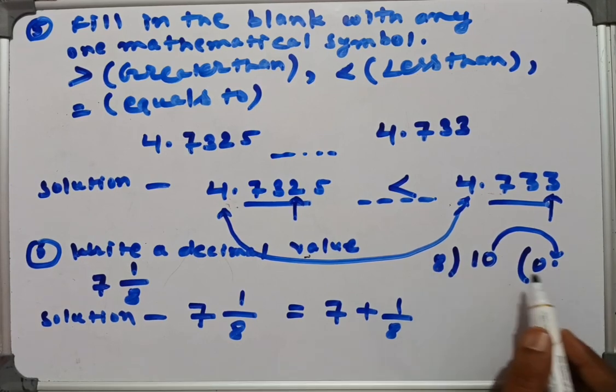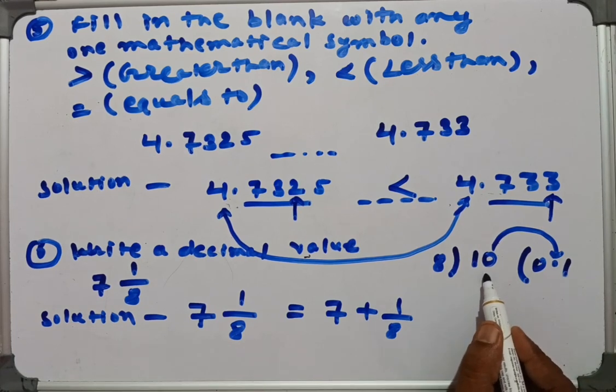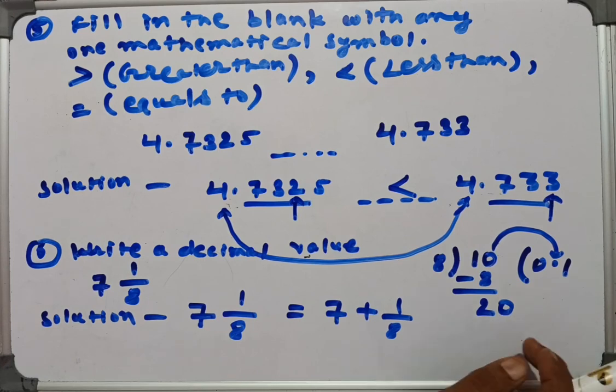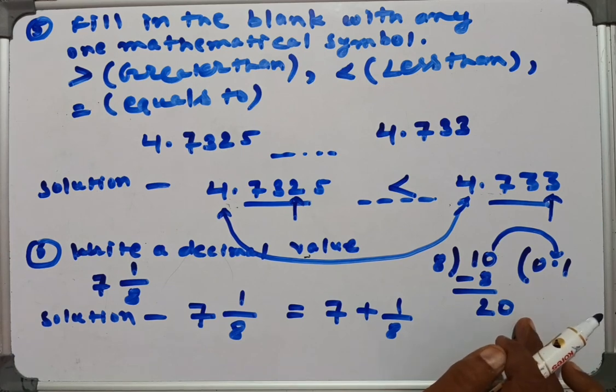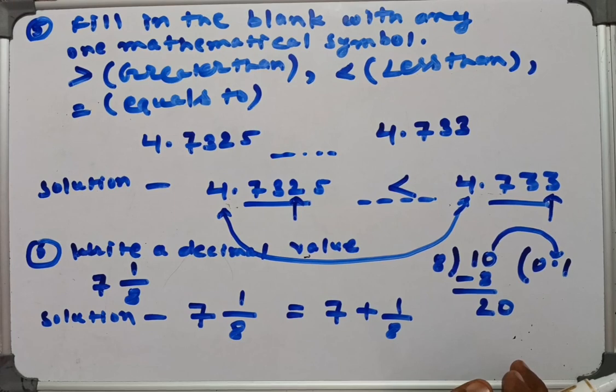So 8 1s are 8, and 8 is less than 10. So subtract this one, this becomes 2. Put 1 0 here. Now for this 0 we don't have any worry. If we put 2 0, then I have to put 1 extra 0 here. But in this case we have put only 1 0 here.